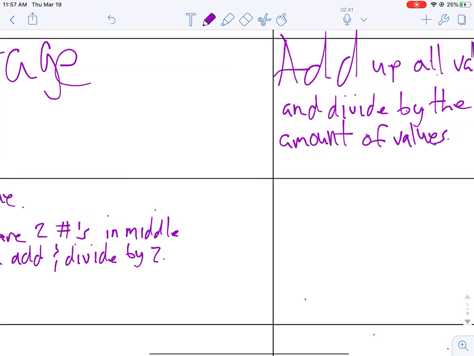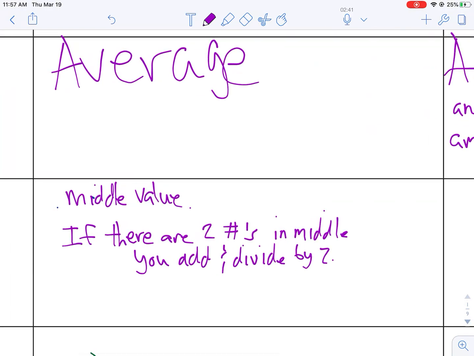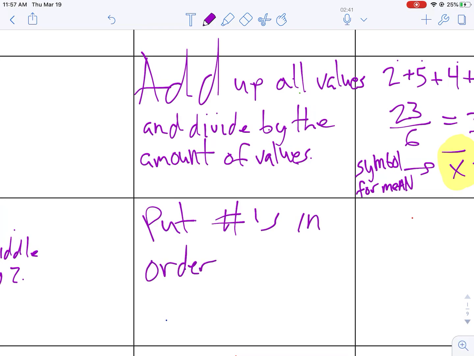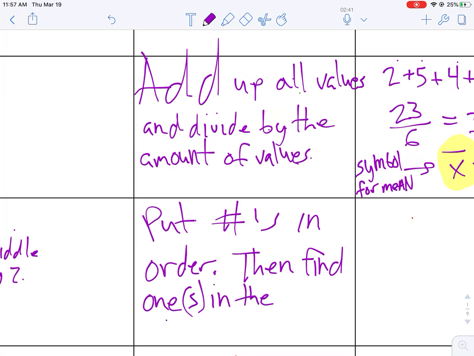First things first, what you need to do is put numbers in order. So that's the first step. Then find the middle one. All right, so that's how we do this.